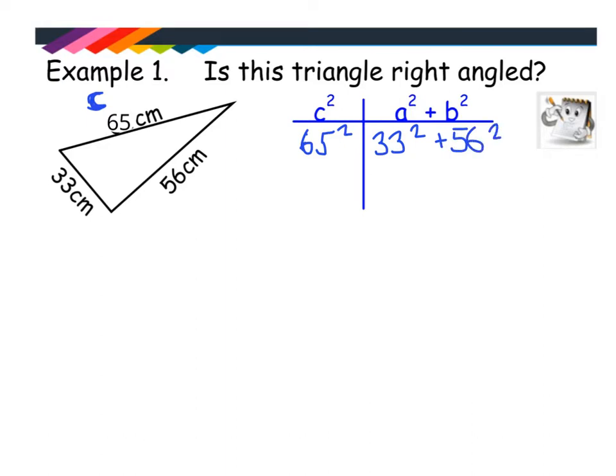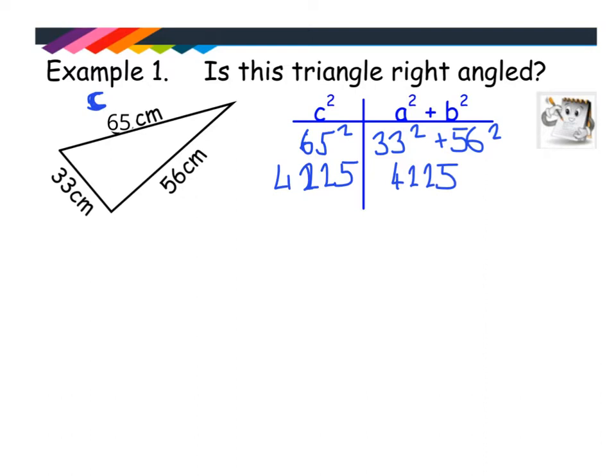And then you work out what each of those two answers gives you, and we get 4225 and 4225. So, since each side of this table is correct, this is a right angled triangle.